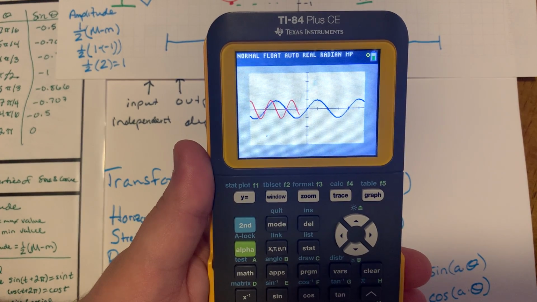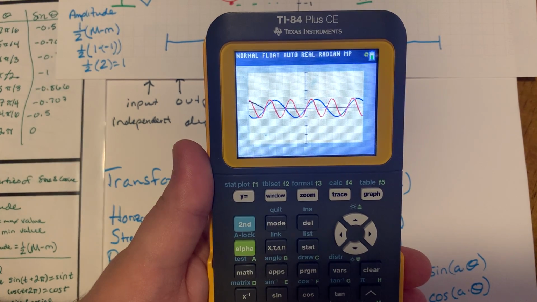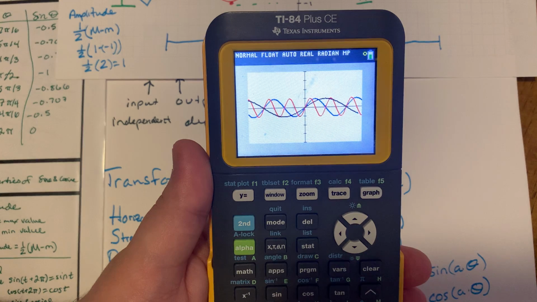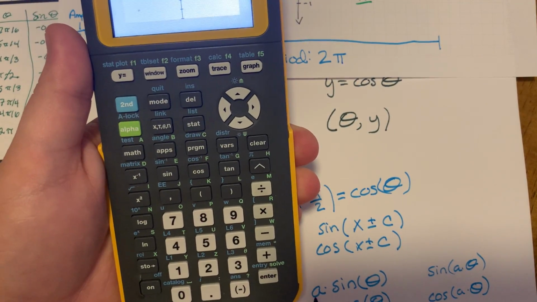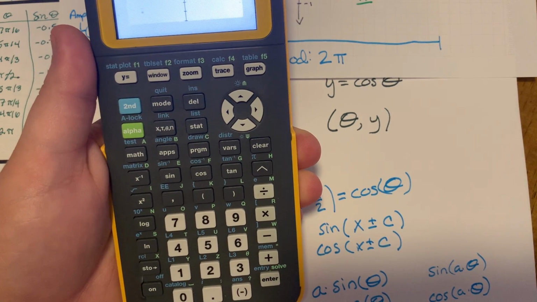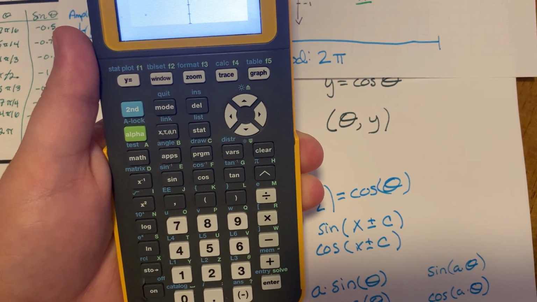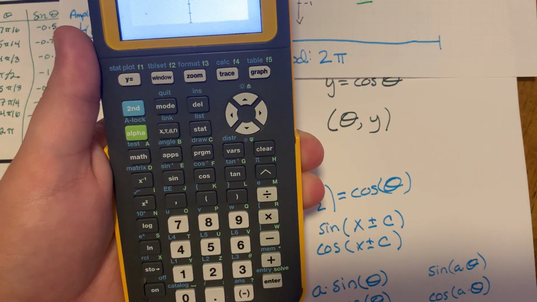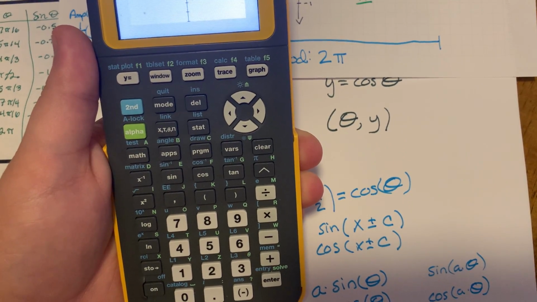But now what's happening in that 2x and that half x? So what we see is a constant times our function changes the amplitude. And this is our vertical stretch or shrink.